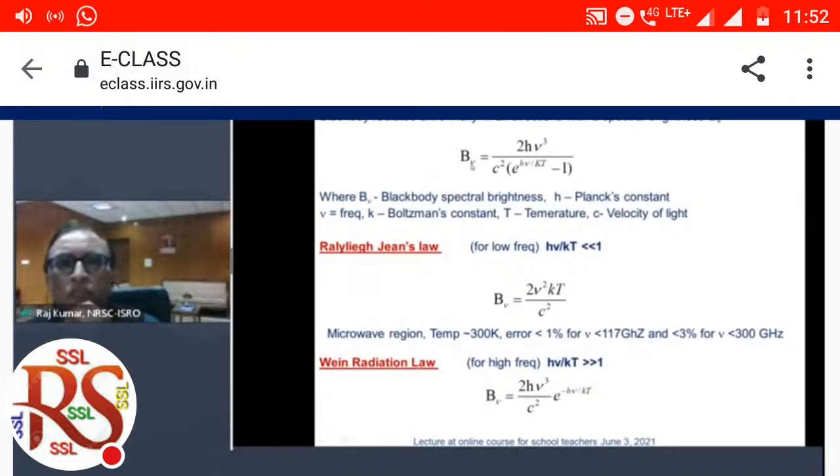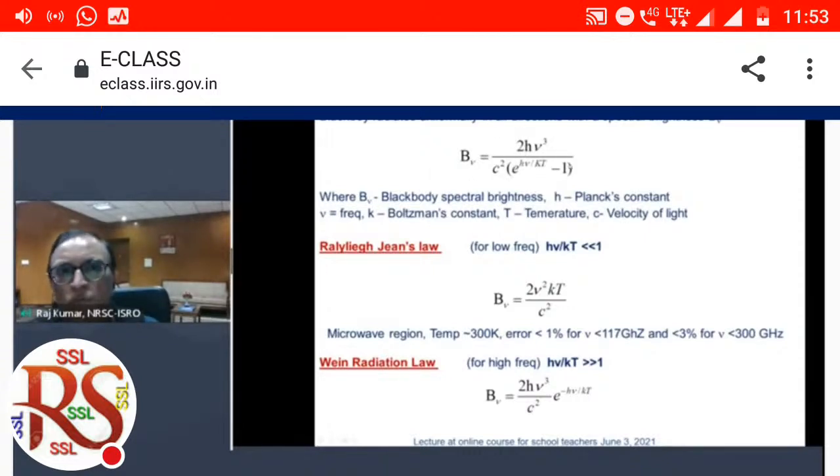Nu is the frequency, h is the Planck constant, T is the actual physical temperature, and B is the spectral brightness. All other things are constant: c is constant, h is constant.